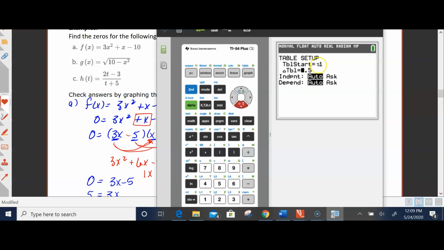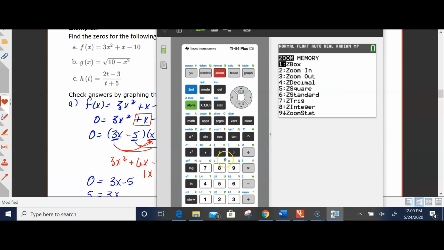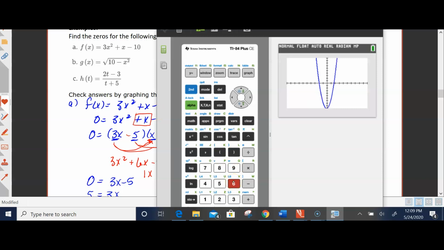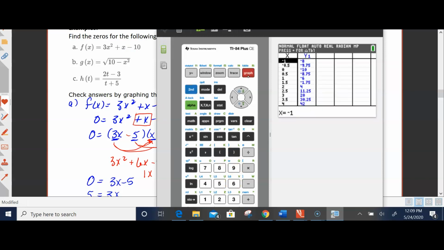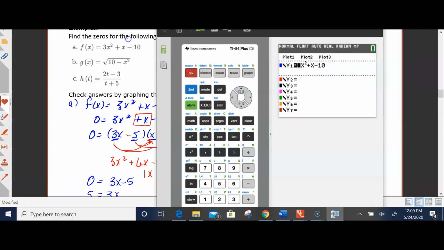That way it's going to give you all the half marks on your table. So with your table set up that way and going to Zoom 6, you get your graph, and if I go to second and graph, I can look at my table and see if those x-intercepts kind of line up with what I found.